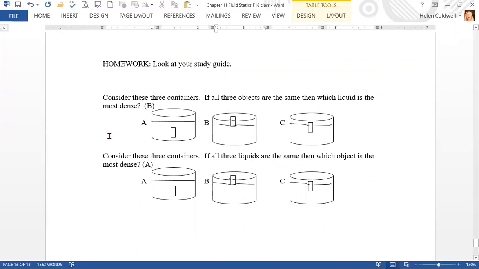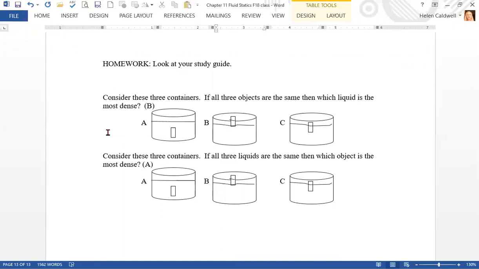Let's look at these two quick examples. We have 3 containers. In the top example, the objects are the same, and I want to know which liquid is the most dense. Well, the denser the liquid, the higher you'll float. People who normally sink at the beach or in the pool almost always can float in the Great Salt Lake or certainly the Dead Sea, because both of those bodies of water have really high salt content.